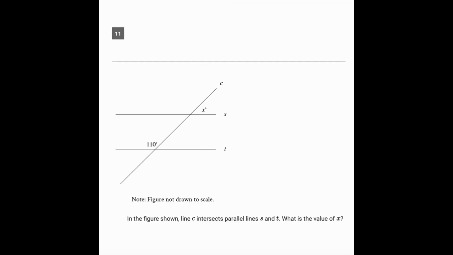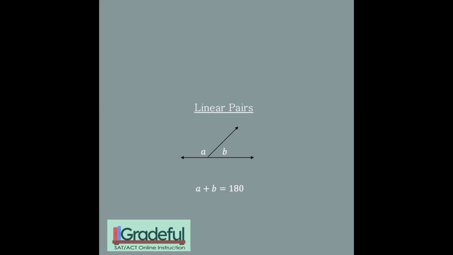Now going to question 11. Here, we're being quizzed on our knowledge of parallel lines. If we're given the 110 here, the first thing I would do is put 110 right there, because those are called vertical angles, and they're always known to have equal measures. The next thing to point out is if you have two angles in this arrangement where the two angles put together give you a straight line, then one angle and the other have to add up to 180.